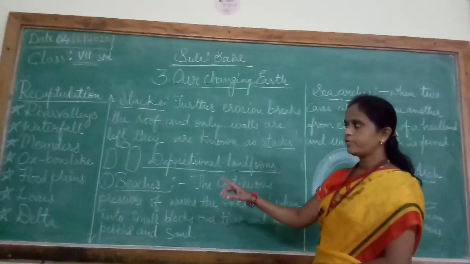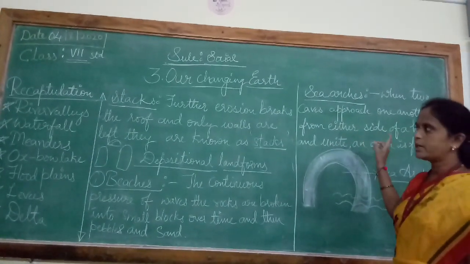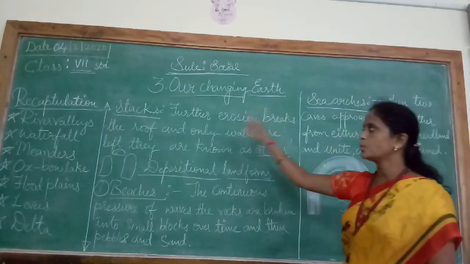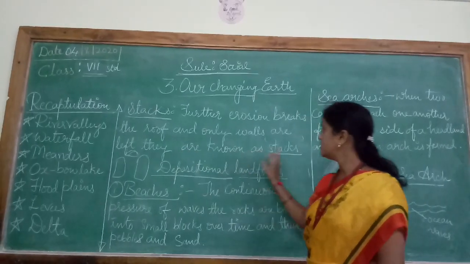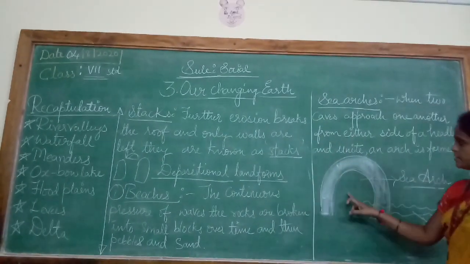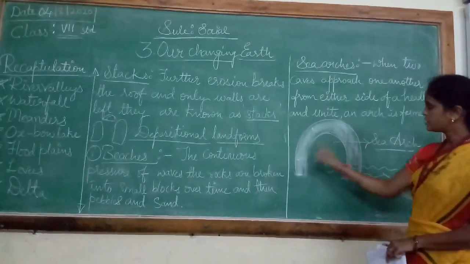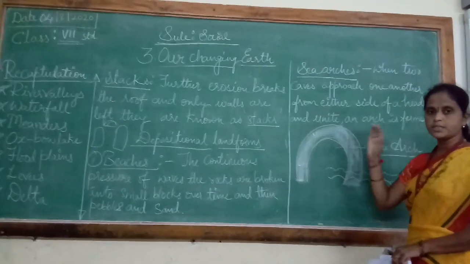So see here guys, till now we have studied the sea caves and the sea arches. Due to the continuous erosion, as I said earlier, further erosion breaks the roof and only walls are left behind. They are called stacks. Due to the continuous erosion of the sea waves, the roof of the sea arch is broken.